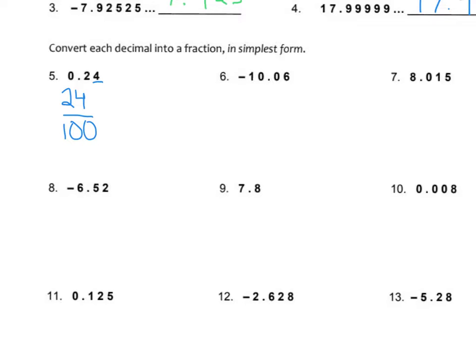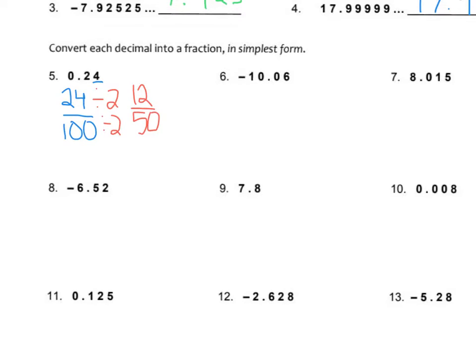What can I simplify by? So I know that I could divide the top and the bottom by 2. 24 divided by 2 is 12. And 100 divided by 2 is 50.